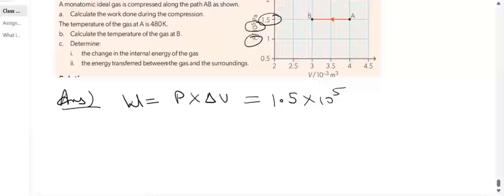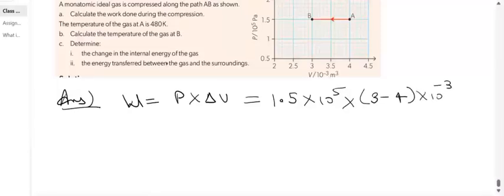Now any doubts? No, ma'am. For the volume, we will take A minus B? No, I'm taking the B volume minus the A volume. This is my volume: 3 minus 4 into 10 raised to minus 3. Is it plus 3 or minus 3? Minus 3.